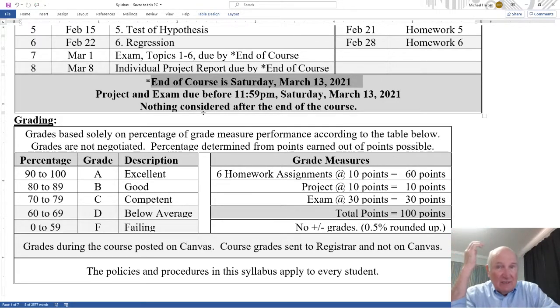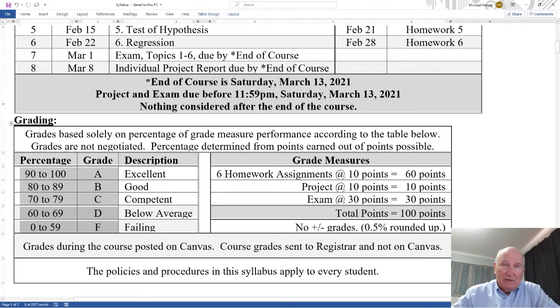You should see exactly what your letter grade is next week. But also, I will post all the grades on Canvas, and you can figure out your grade anyway. So you'll know what the percentage grade is by this table here, because I'm not going to be changing that at all.